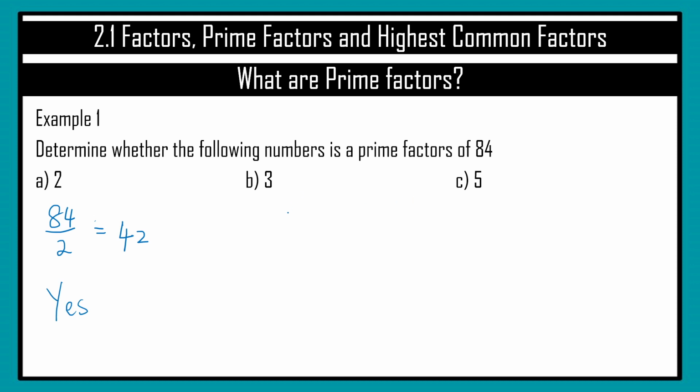The next number is 3. 84 divided by 3, you should get 28. 28 is a whole number, so yes, it is a prime factor of 84. The last one is 84 divided by 5.